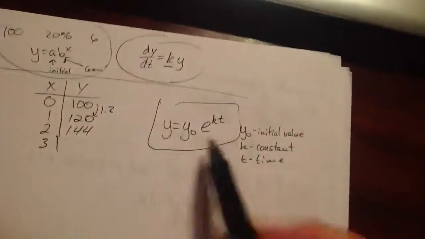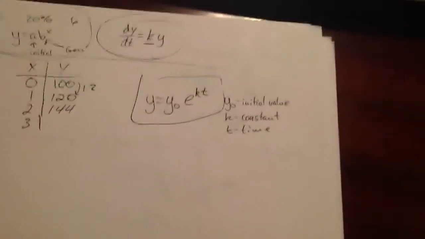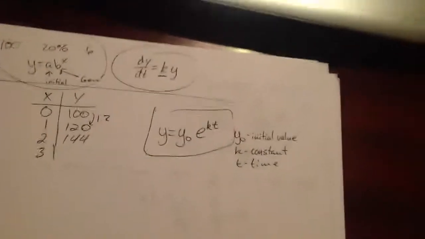So this is really close to our old ab to the x. The only difference is that e is in there, and that k is a little different.